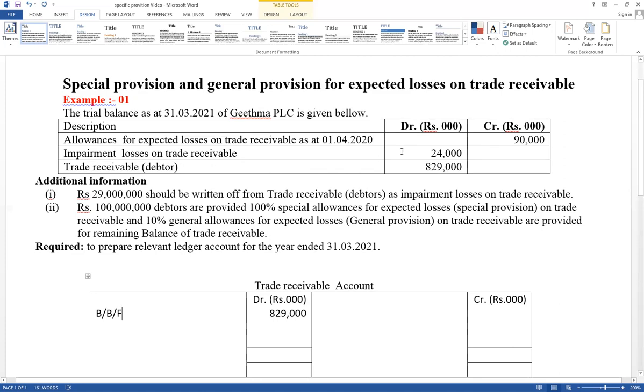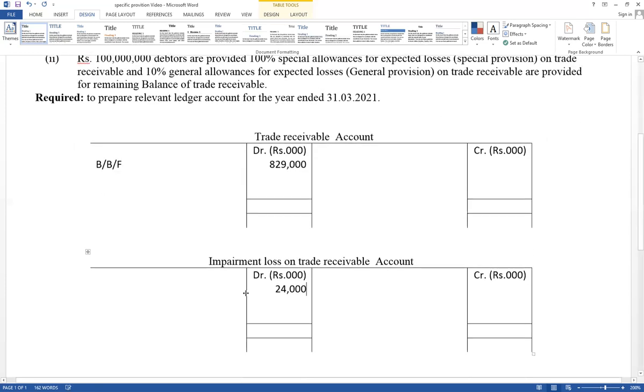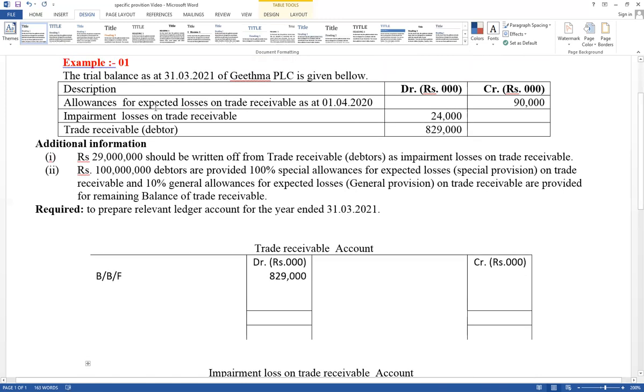Then impairment loss on trade receivable 24,000 also should be included as a balance brought forward, on the debit side. Next one, allowances for expected losses on trade receivable.